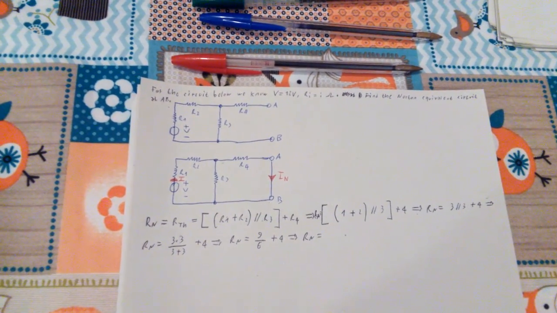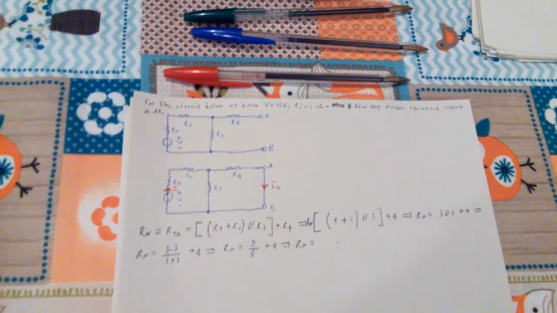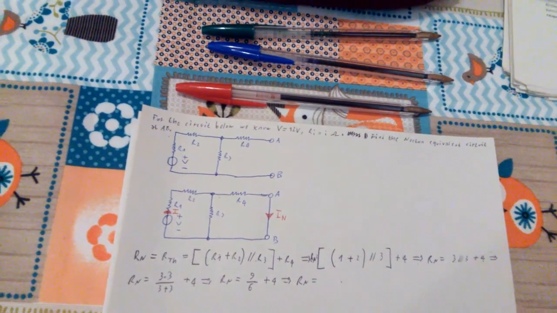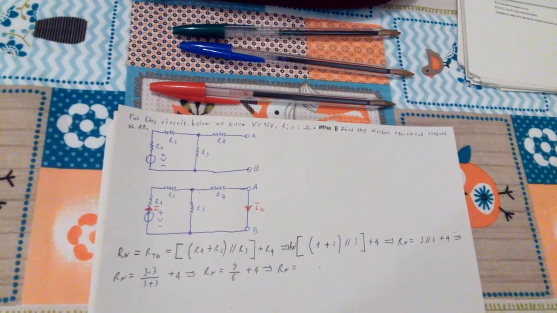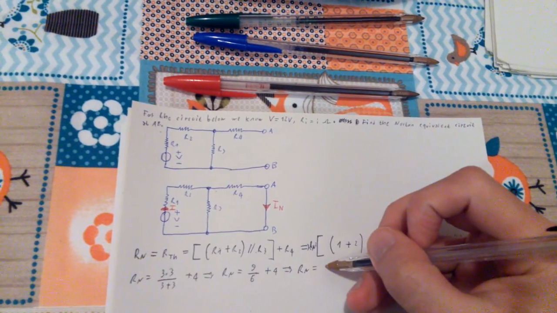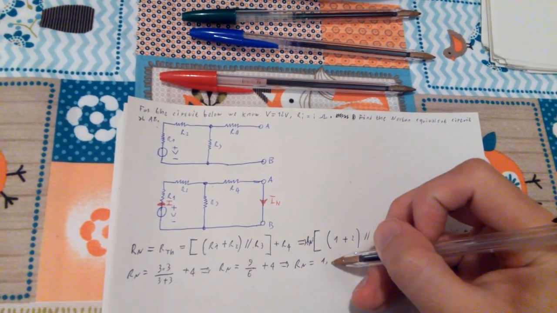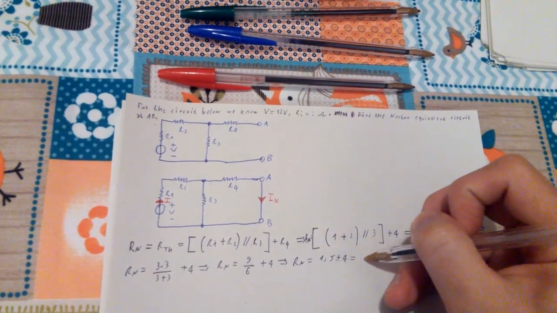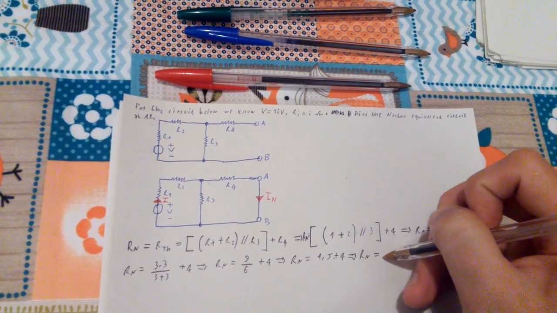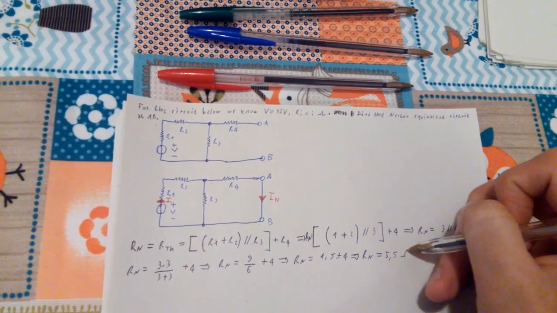Well, it doesn't matter because I'm going to use fractions anyway. So 9 over 6 is actually 1.5 plus 4, it will be 5.5. So Rn is actually going to be 5.5 ohm.